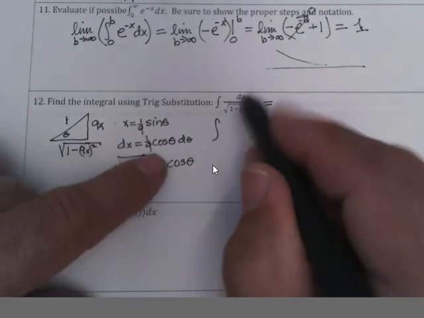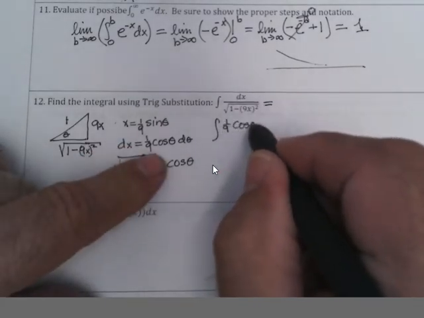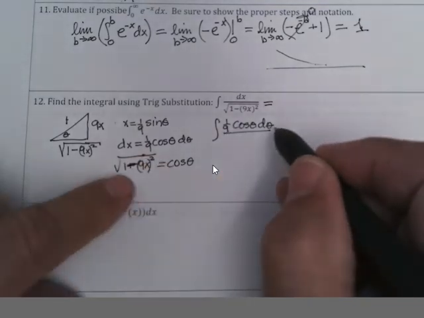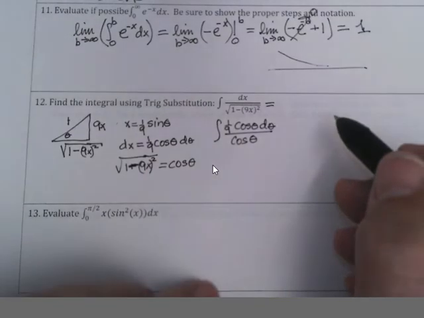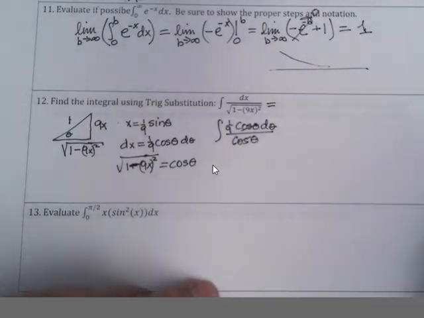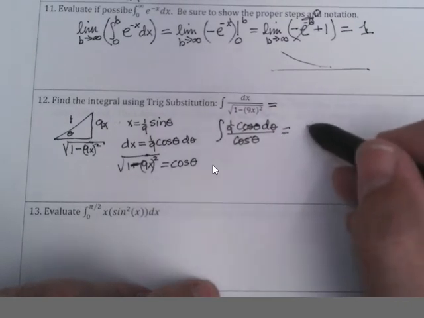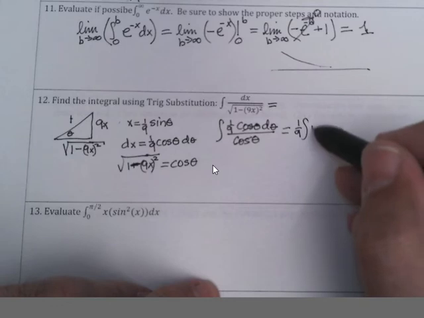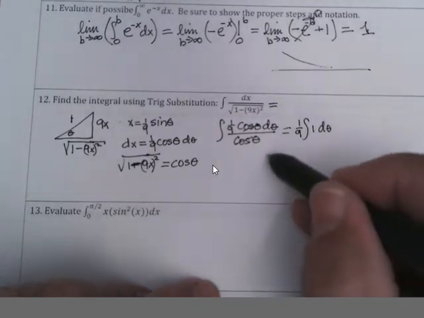The dx is 1/9 cosine theta d theta over cosine theta. The cosines cancel, and I get 1/9 the antiderivative of 1 d theta, and that would be just theta.